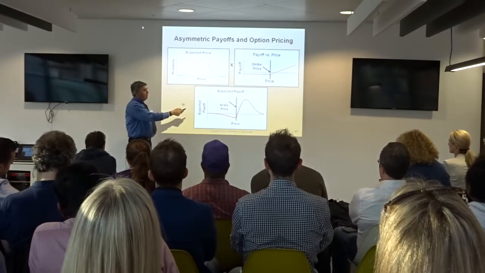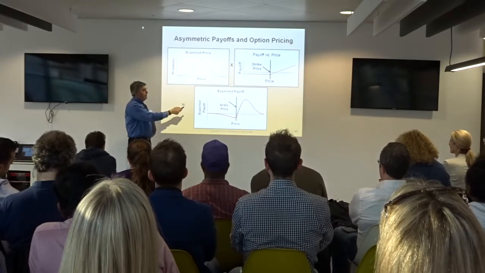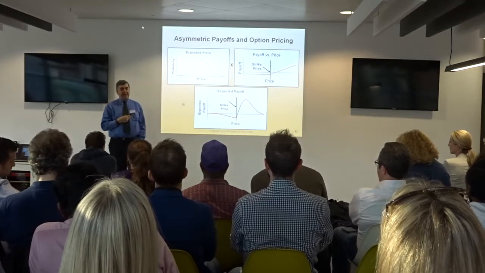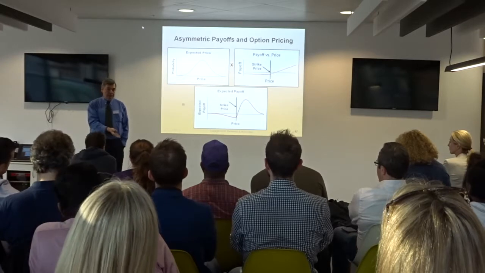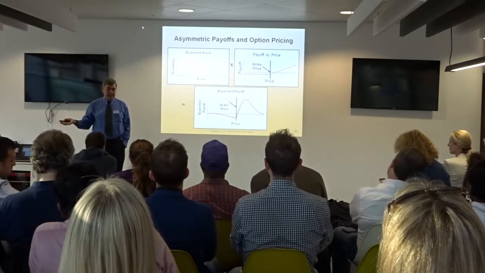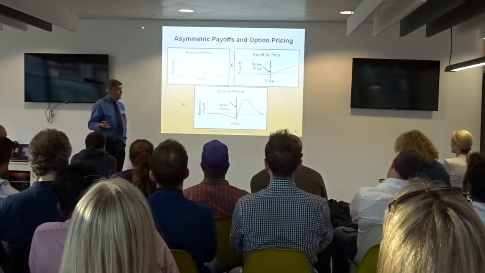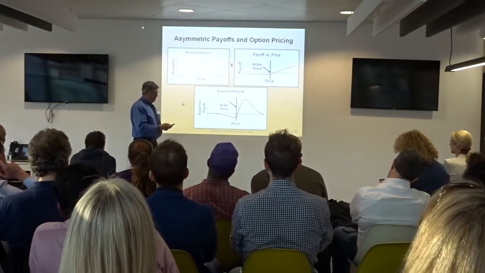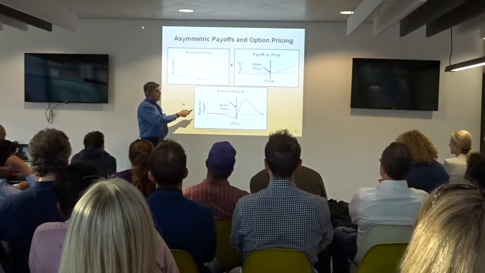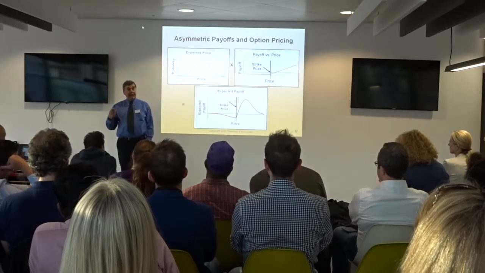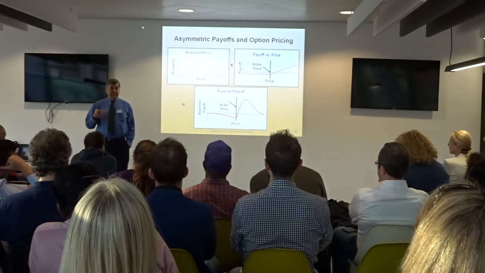If the actual price on the 15th of July is below $140, I will not exercise the option, because I can buy that stock on the market for a lower price than I can buy it with the option. What that means is anytime the price is lower than the strike price, I let the option expire worthless. Anytime it is higher than the strike price, I put an extra dollar in my pocket for every dollar it's higher.